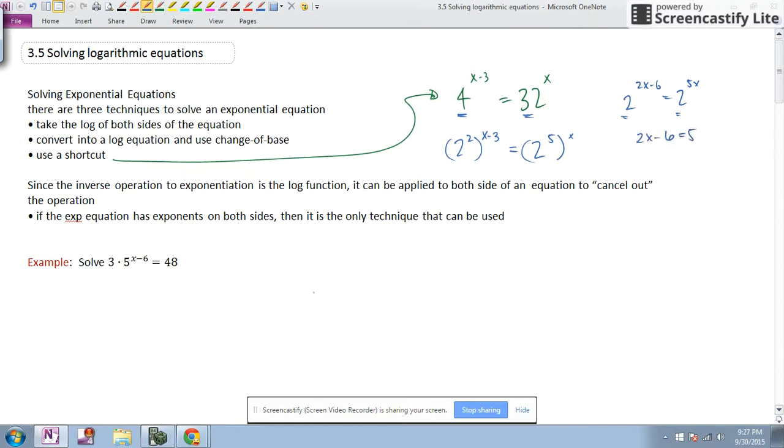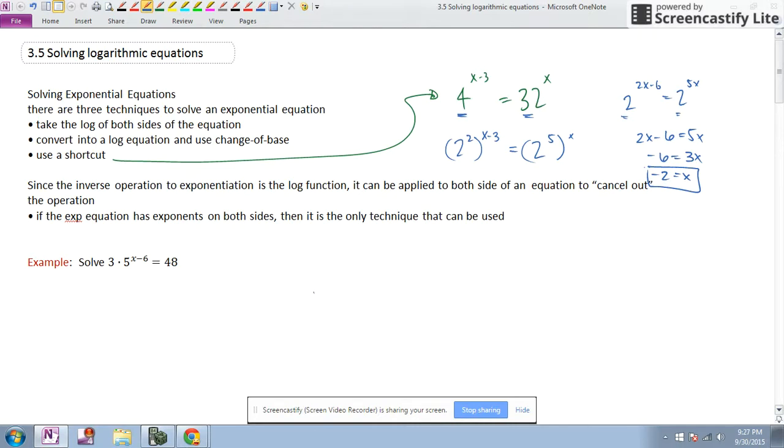So therefore I can say this, and then I can subtract the 2x over. And then finally I can divide by 3 and get negative 2 as x. Wow, look at that, right? So that's a shortcut. If you can get the 2 bases to be the same, then you can essentially drop those bases and just solve for the exponents, but it doesn't always happen. So a little heads up there.